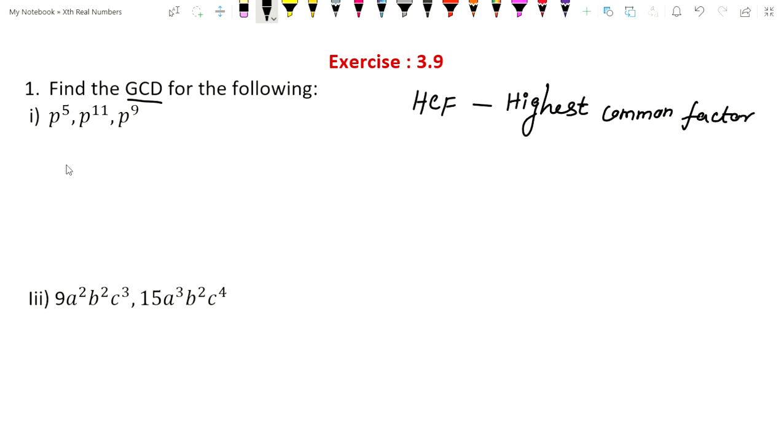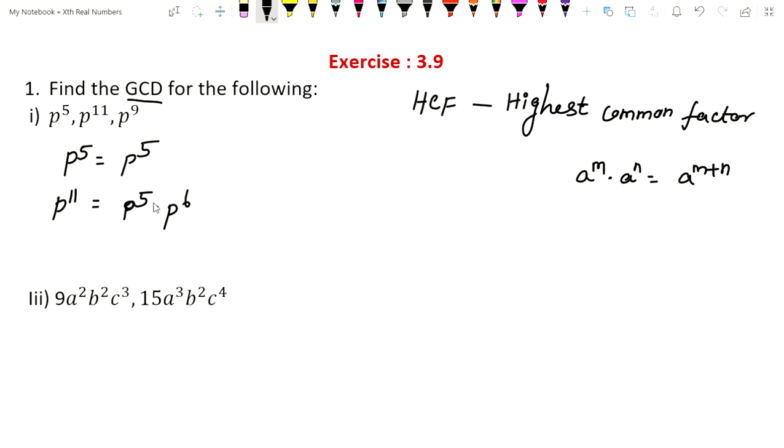First take p power 5, so we can write it as p power 5 only. Then p power 11, p power 5 into p power 6, because you know that a power m into a power n equals a power m plus n.